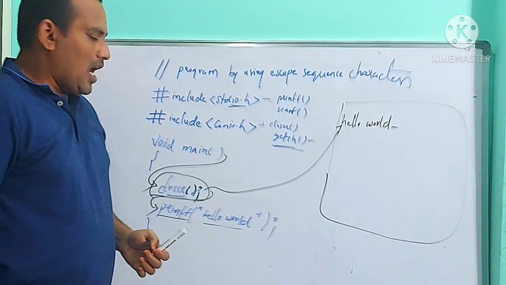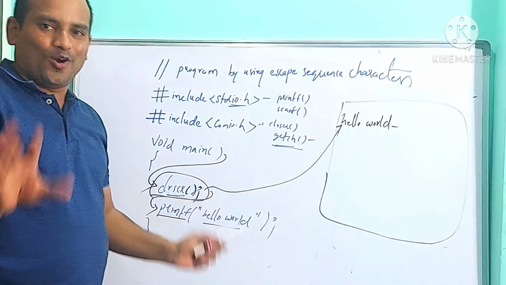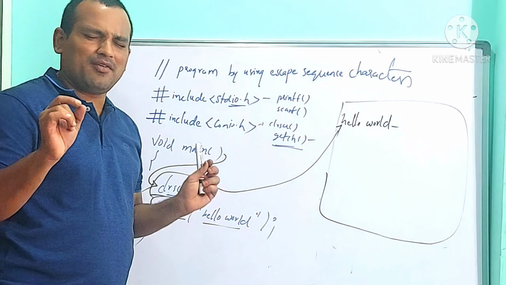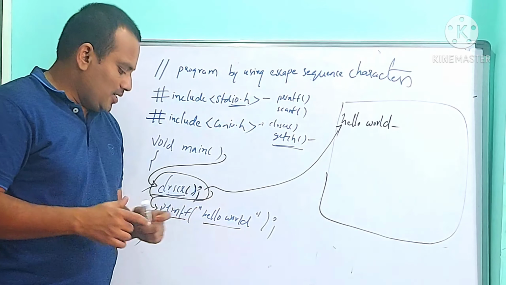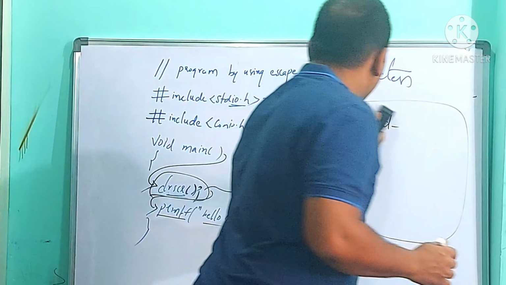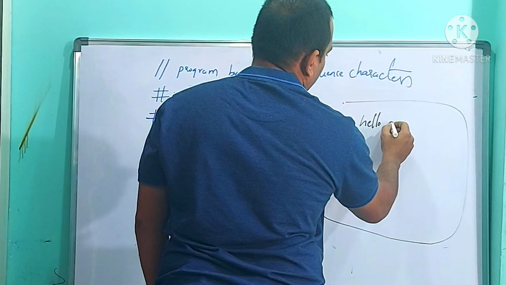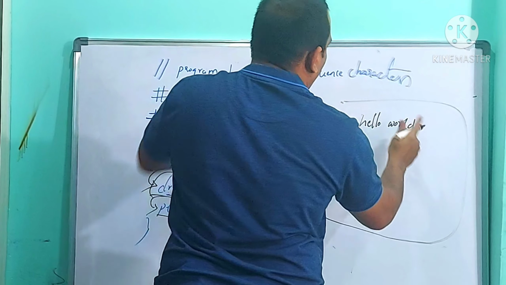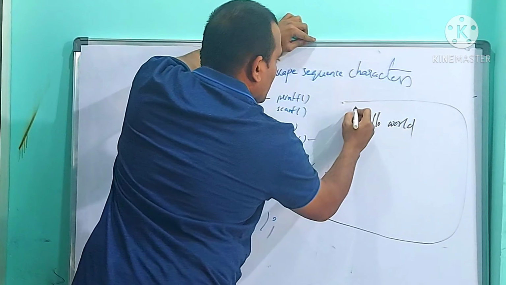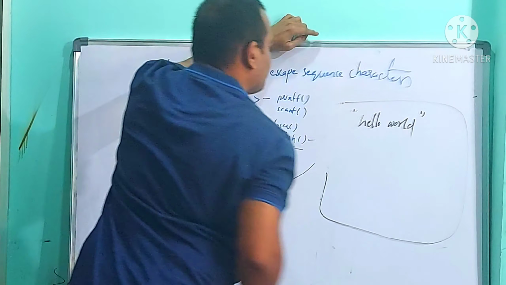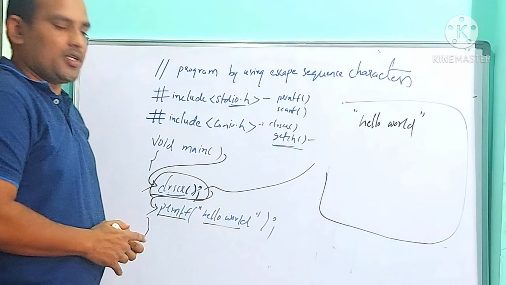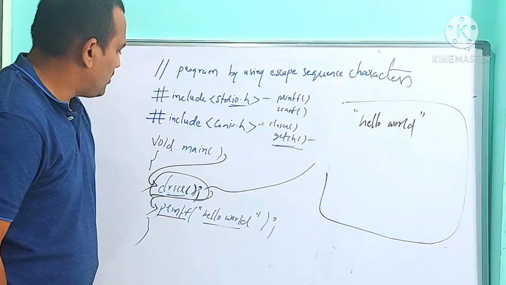Now I want to print the message hello world. Remember this point, a very important point. What is the output here? Hello world, right? I want to print this hello world message within double quotation marks. I want to see the output like that.